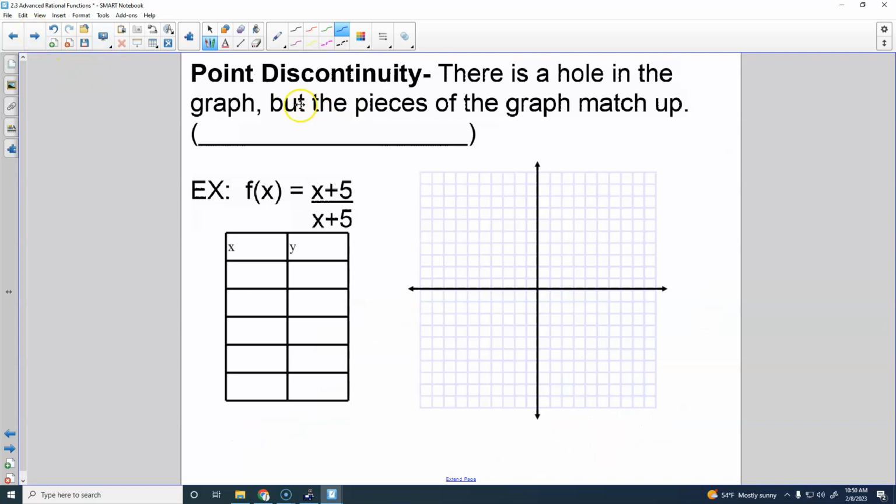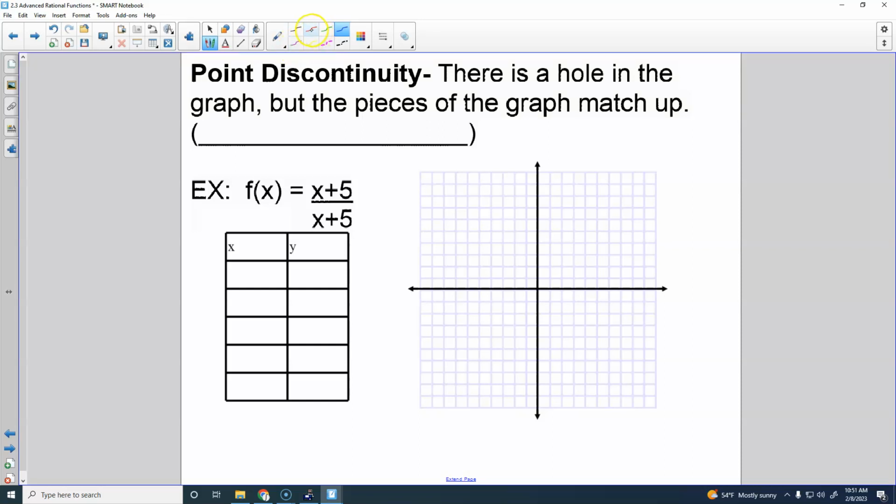Alright, so a point discontinuity. A point discontinuity is going to happen when there is a hole in the graph, but the pieces of the graph match up. And there are 3 different terms that are all interchangeable for this type of discontinuity.